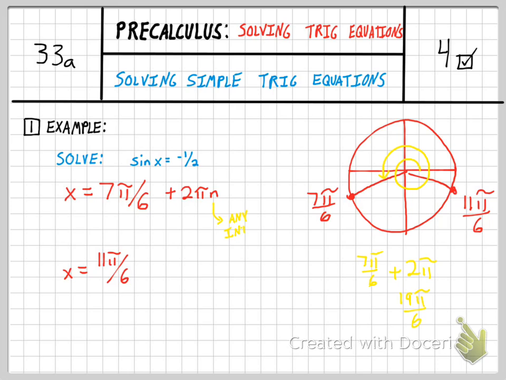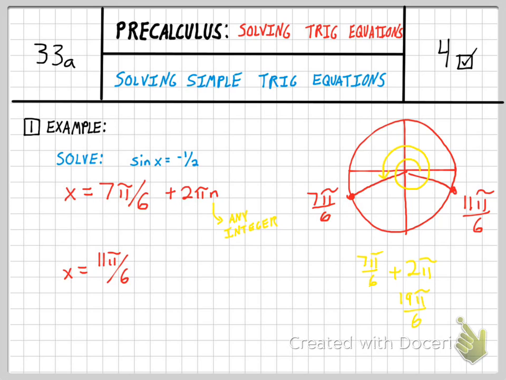You don't have to write this every time. When you see an n in a formula like this, it's implied that it's an integer of some sort. So 7 pi over 6 is an answer, but also is any angle that's 7 pi over 6 plus a certain integer number of times around the circle. Right? So if n was 3, I'd go 3 times around the circle. If n was a negative 6, I'd go backwards 6 times around the circle and then add 7 pi over 6.